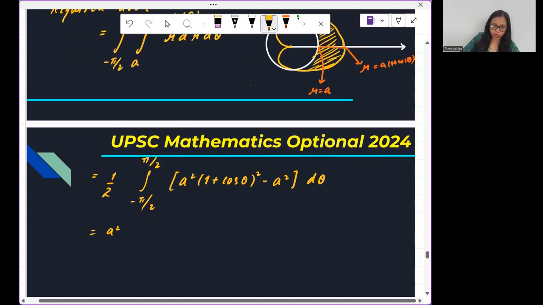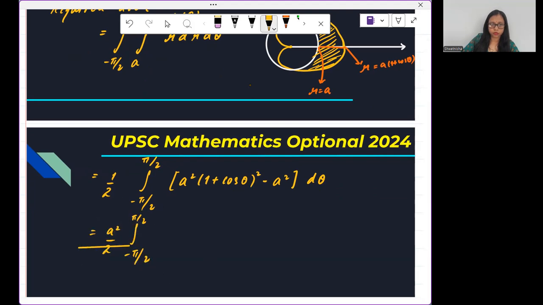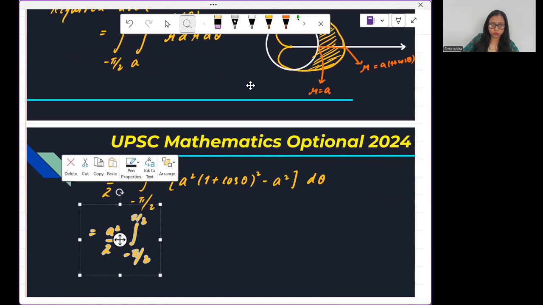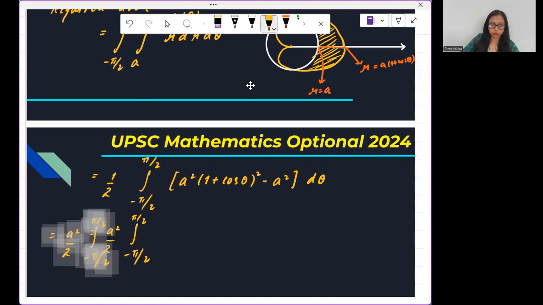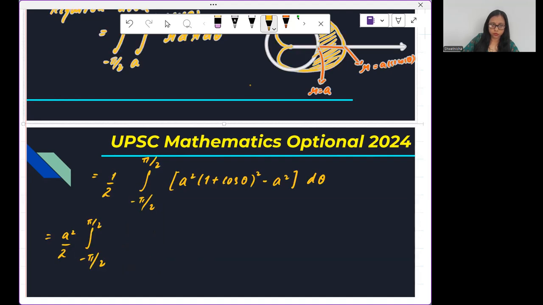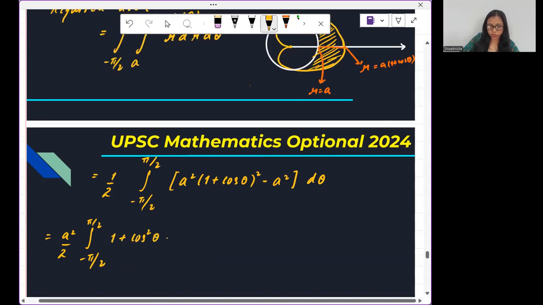So a squared by 2 outside, minus pi by 2 to pi by 2, 1 plus cos squared theta plus 2 cos theta minus 1 gets cancelled, d theta.